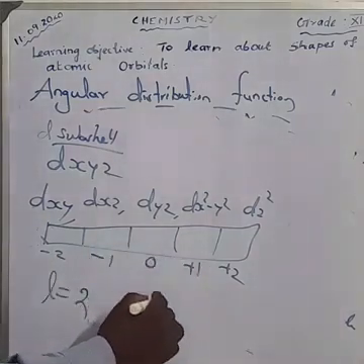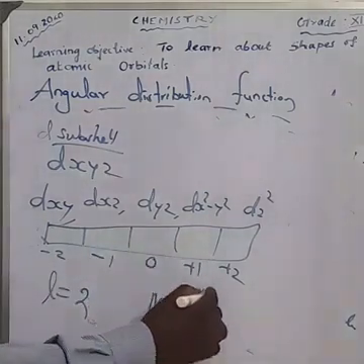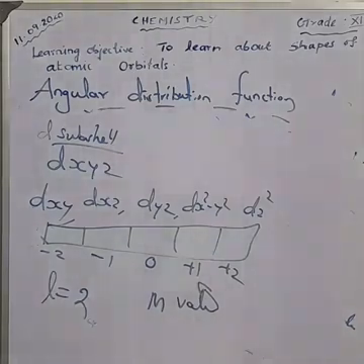These are all m values. Then the 5d orbitals are dxy, dxz, dyz, dx square minus y square, and dz square. Please all of you take the book and learn how to draw the diagram. Just for learning. Please draw it. Next one, the f subshell.